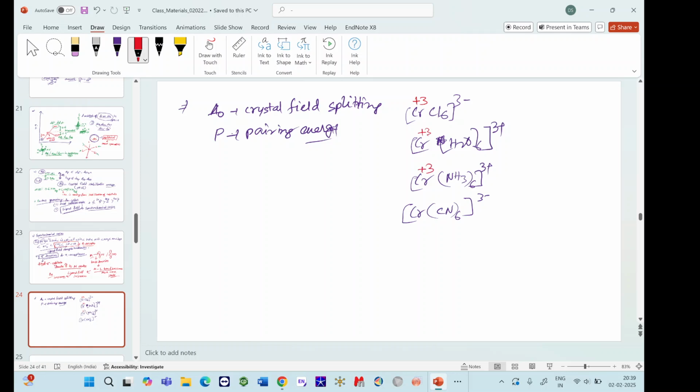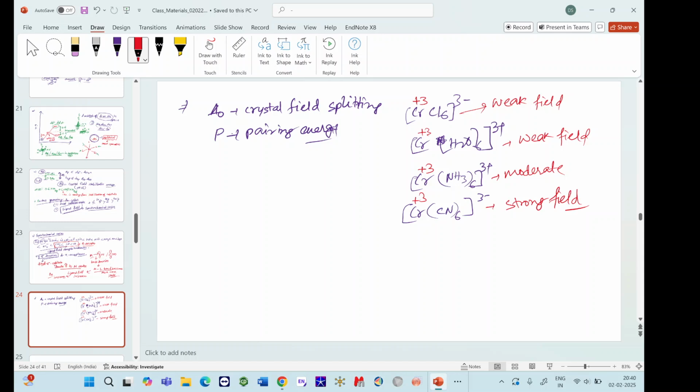Okay, this one is very weak field. This is also weak field. This is moderate, and this is strong field.